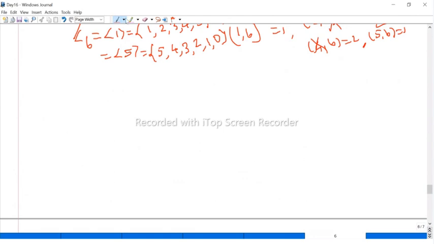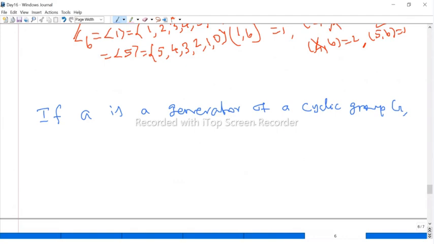That is, if A is a generator of a cyclic group G, then the inverse, A inverse, is also a generator of G. Therefore, any cyclic group has at least two generators.